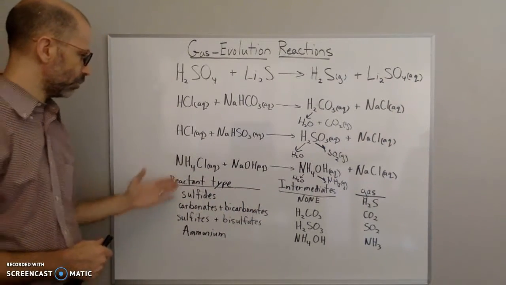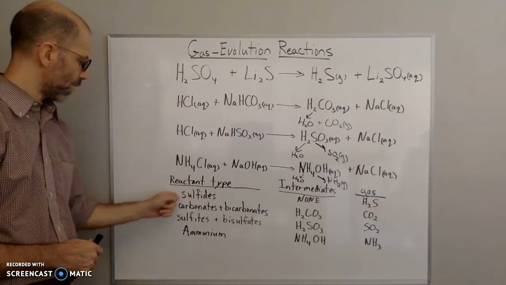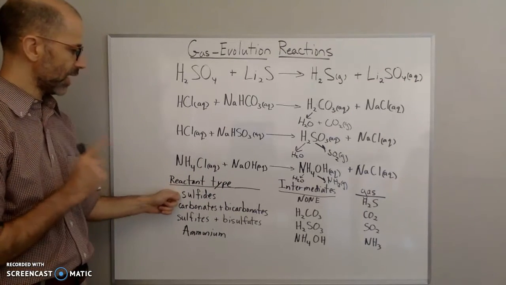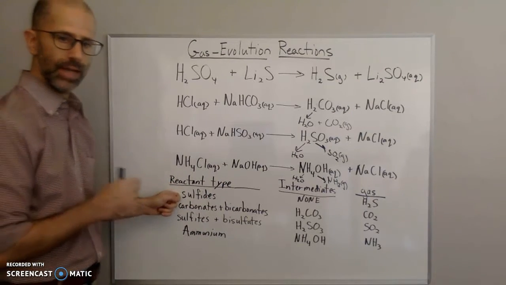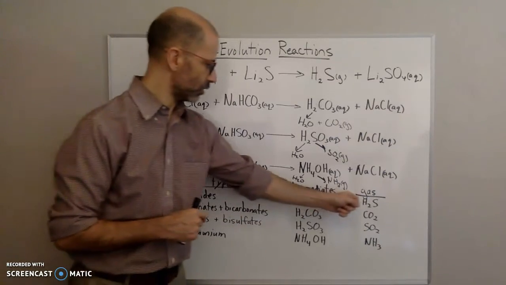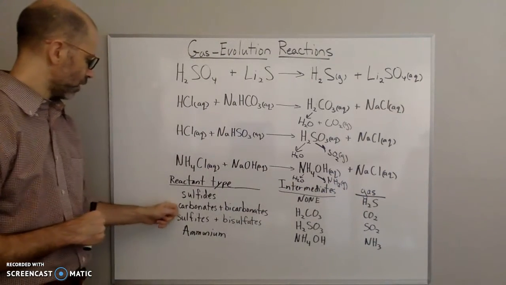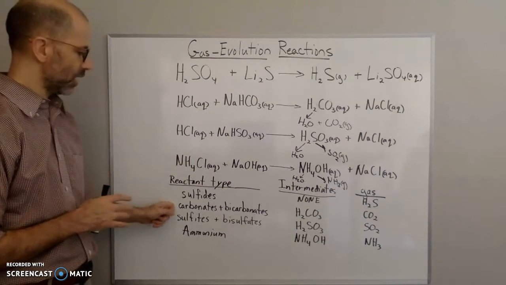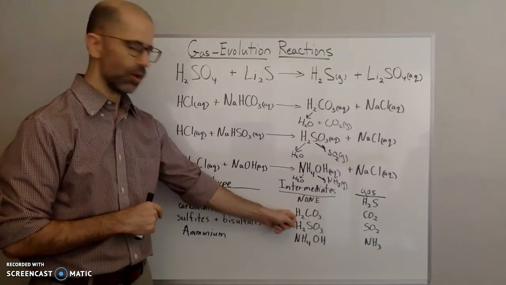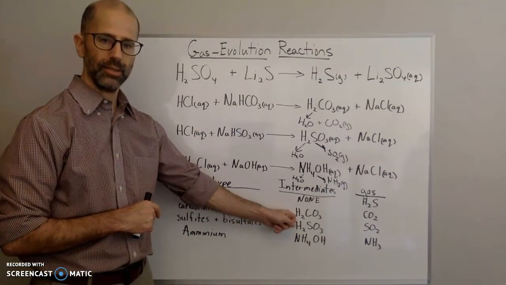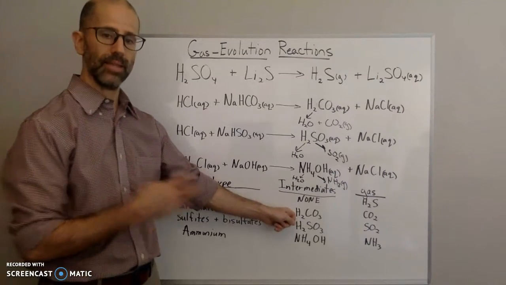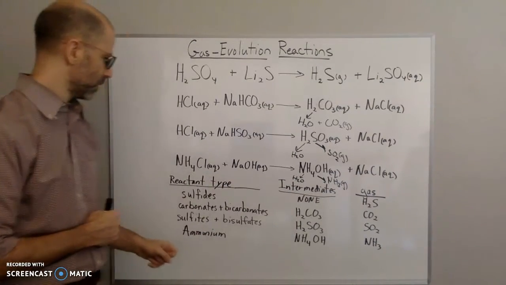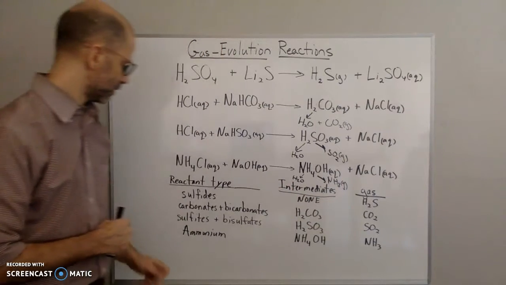So here's a little table. If the reactant is a sulfide, then be on the lookout for H2S gas. If you have carbonates or bicarbonates in your reactants, then be on the lookout for carbonic acid. If you get carbonic acid, that's going to break down into water and carbon dioxide, so carbon dioxide would be your gas.